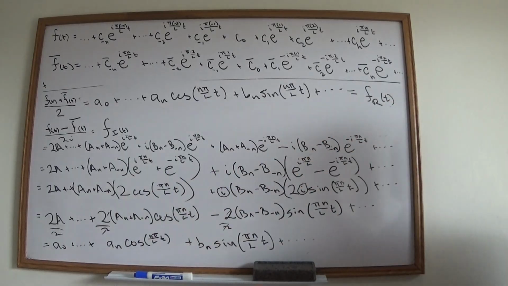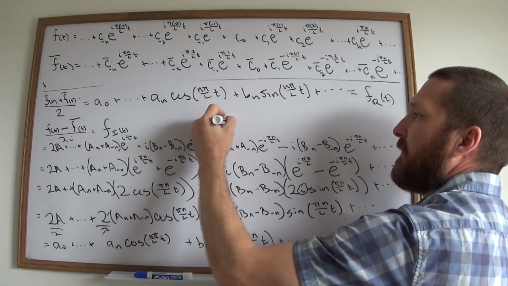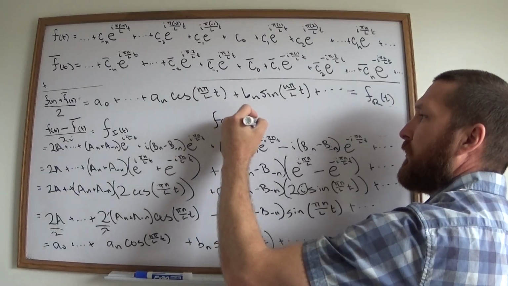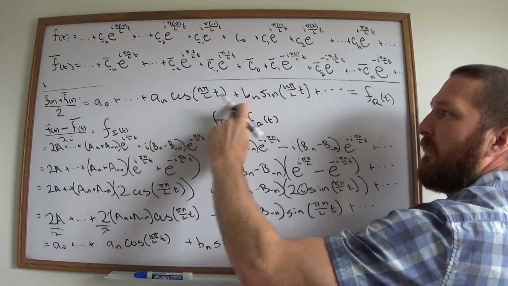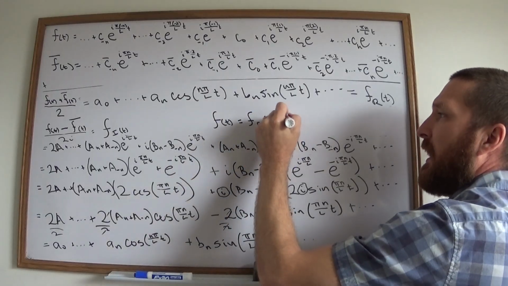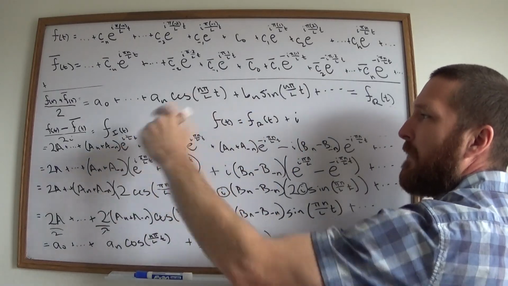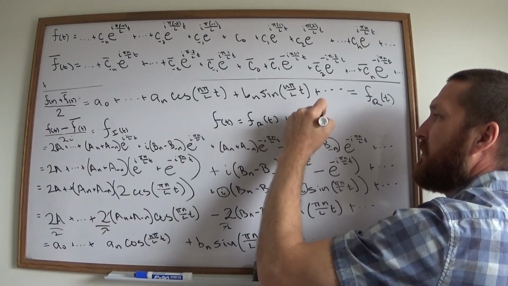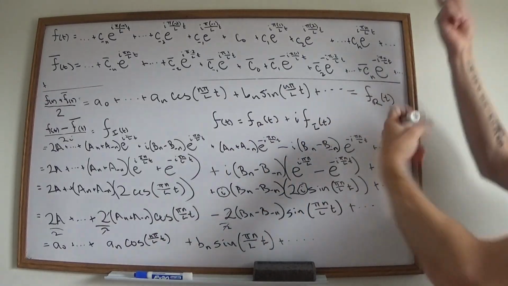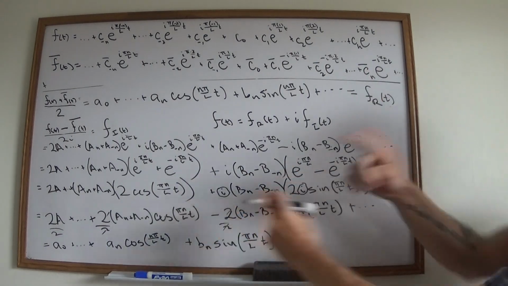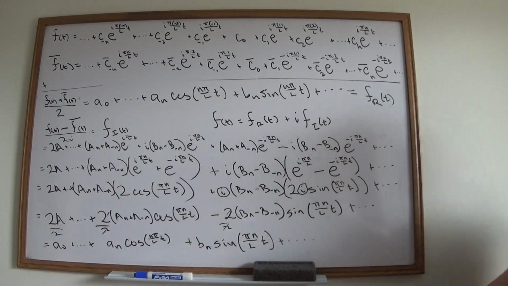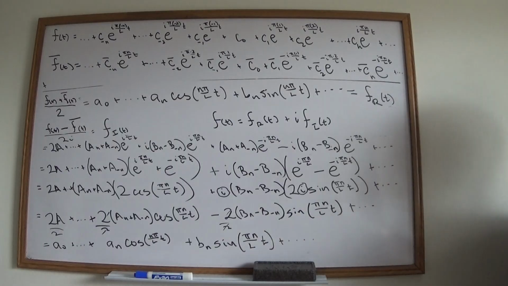And then you could put them back together if you're so inclined to get your f of t is equal to your real part that you got this way, right there, that sum. Add that to i times your imaginary part that you obtain doing the same thing, but instead of subtracting them off, and it's almost exactly the same. There's just a minus somewhere else, and you have to keep track of that. Divide through by 2i, it makes all the i's go away, and all of those 2's go away. It's another series, but there you go.